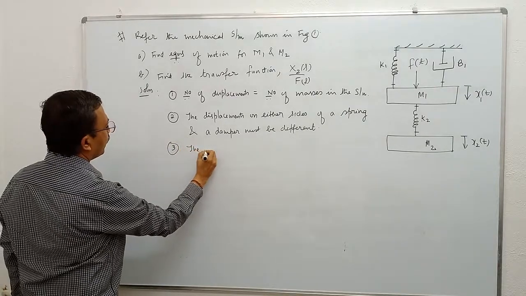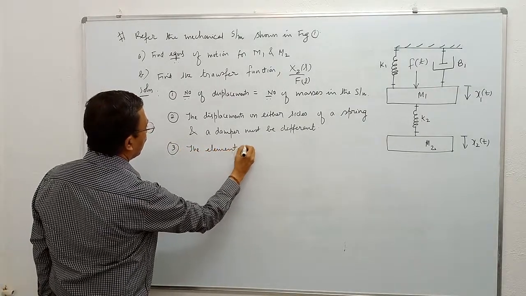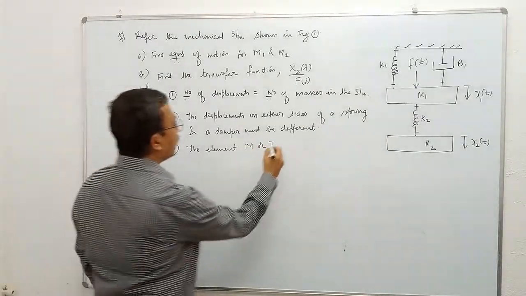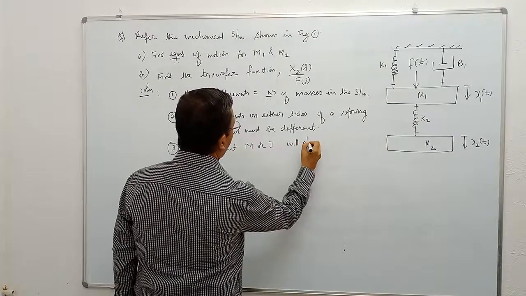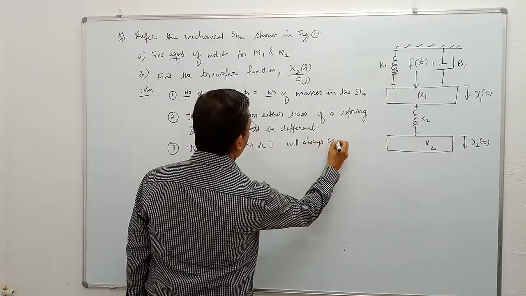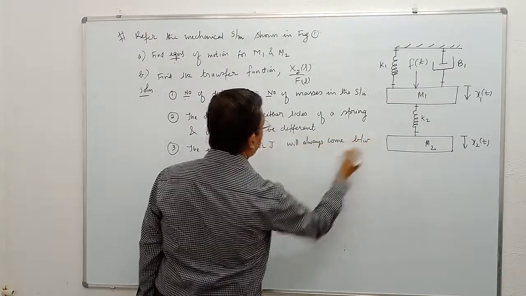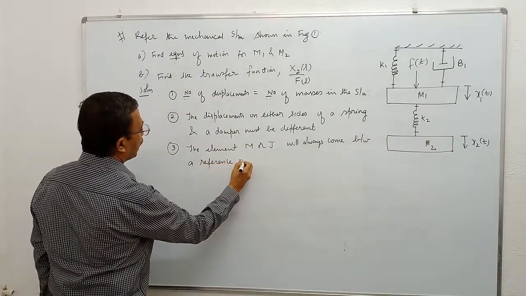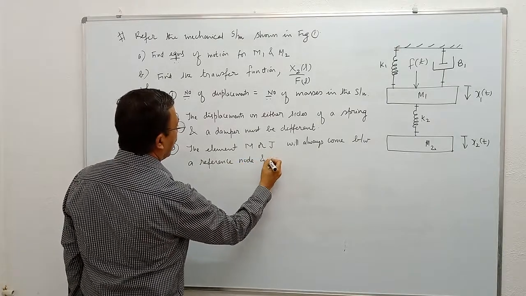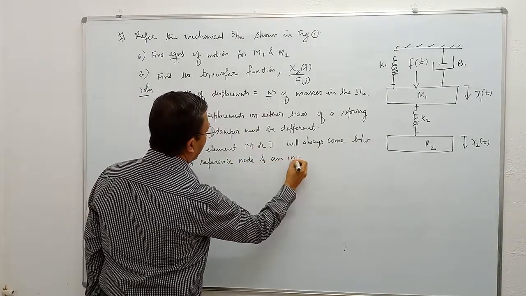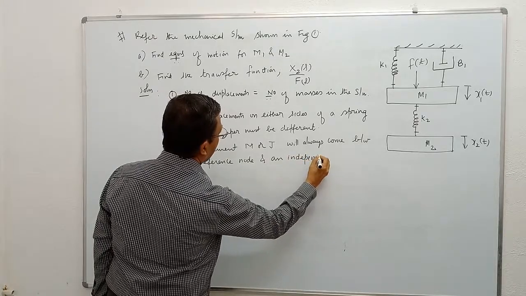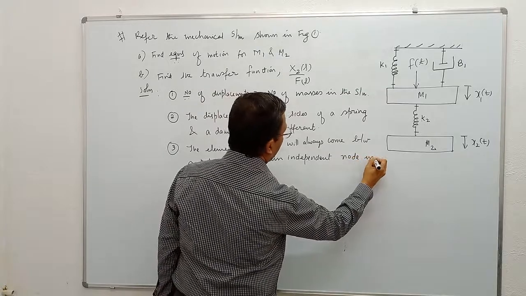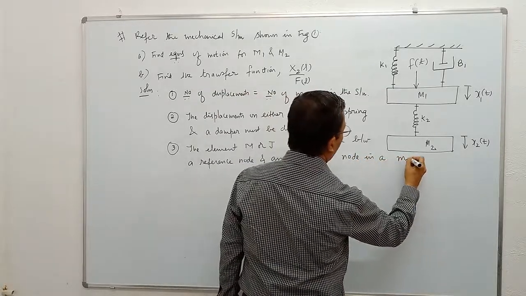Third, the element M or J, M means mass, J means moment of inertia, will always come between a reference node and an independent node in a mechanical network.